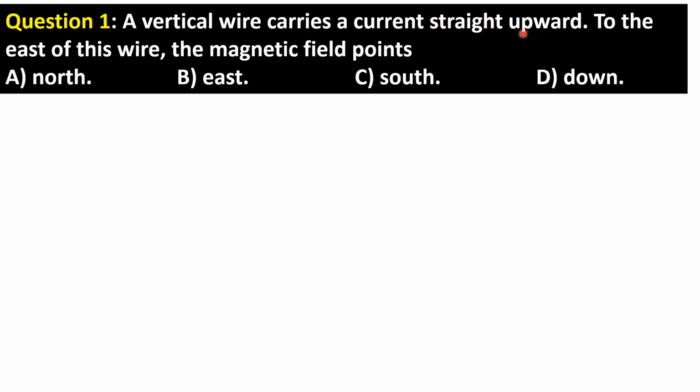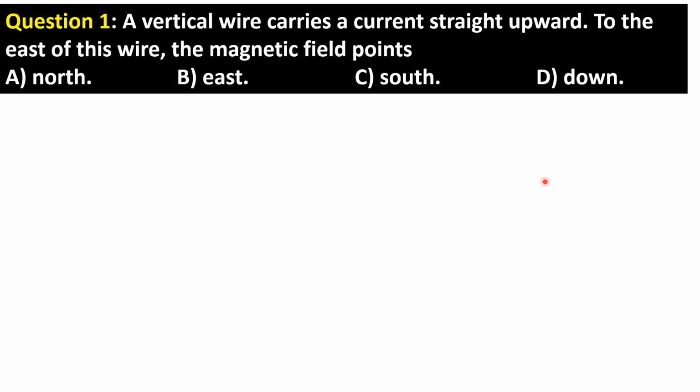So if you're talking about such kind of direction, and then the use of the word east or eastward, a point eastward of the wire suggests that we are going to use the geographic directions north, south, east, west.